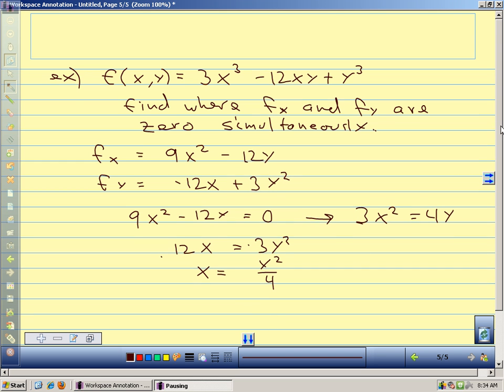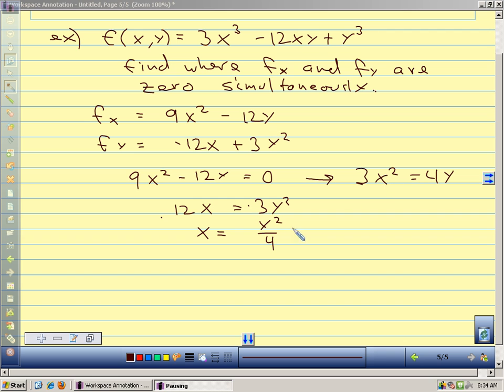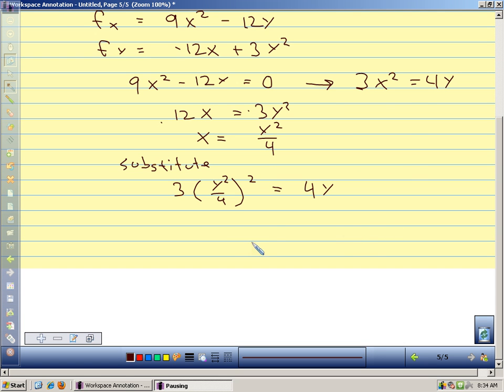And I'm going to substitute now for x here. So I get 3 times y squared over 4, squared, equals 4y. So 3y to the 4th over 16 equals 4y.